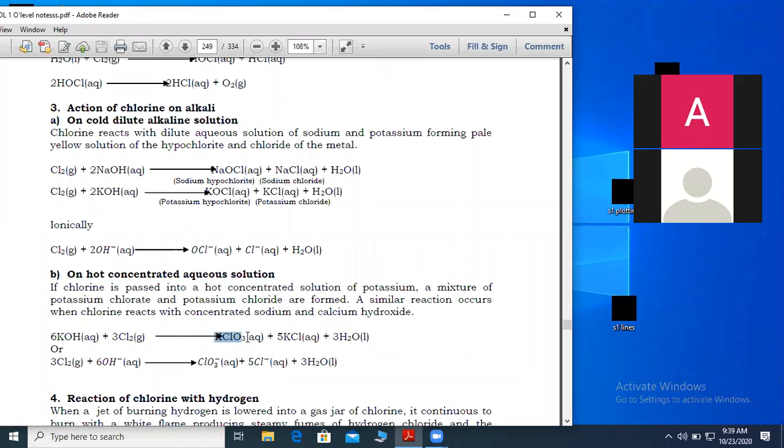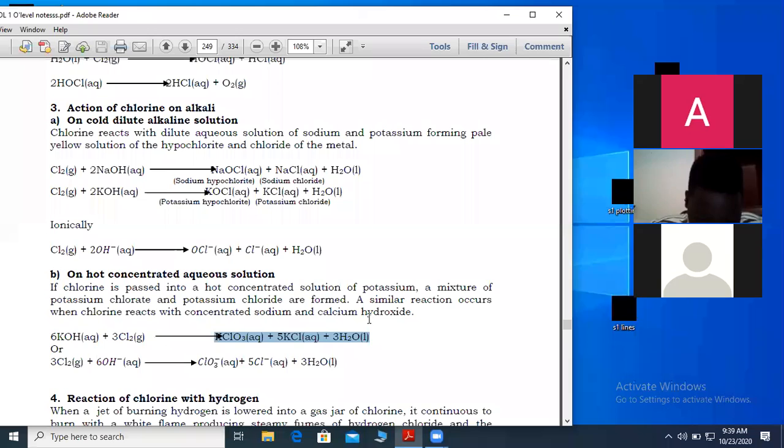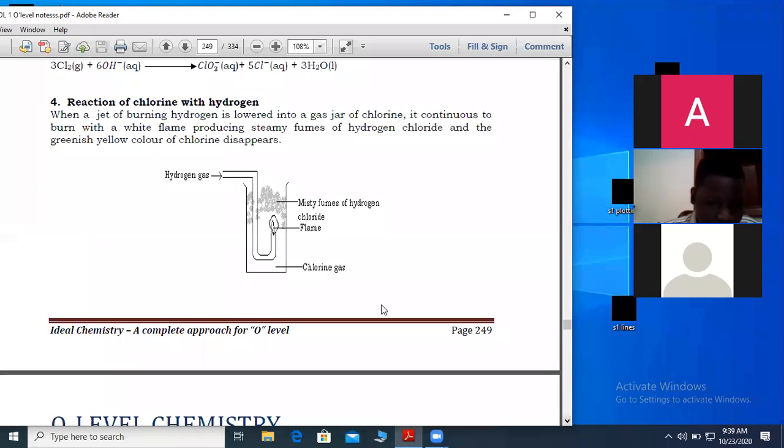You remember we use it in preparation of oxygen, plus potassium chloride, then plus water. This is only possible when sodium hydroxide or potassium hydroxide is hot and concentrated. This equation is also not easy to balance, so the easiest way to balance it is by putting 6 on potassium hydroxide. When an equation is not easy, we agreed I will always tell you.